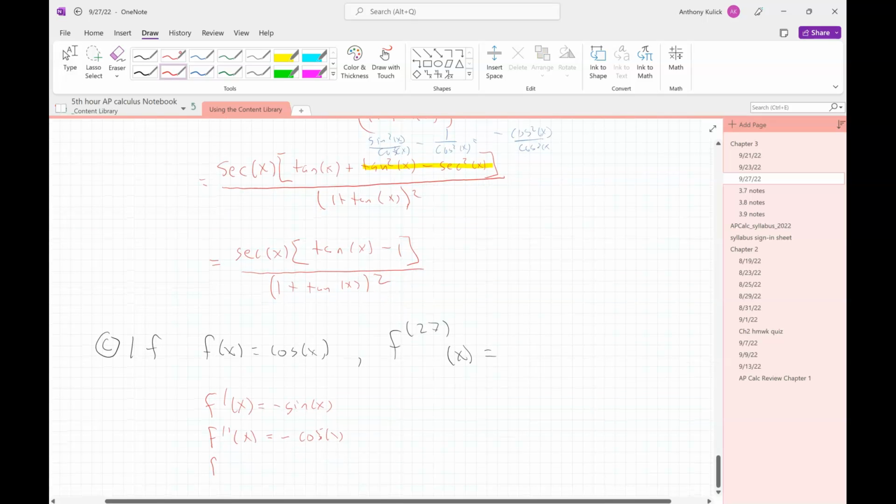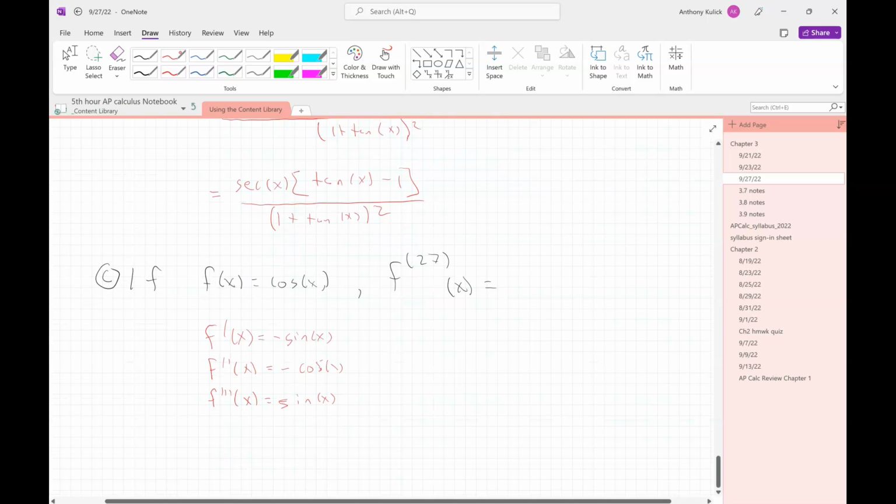The third derivative is going to be positive sine. The fourth derivative is going to be cosine.